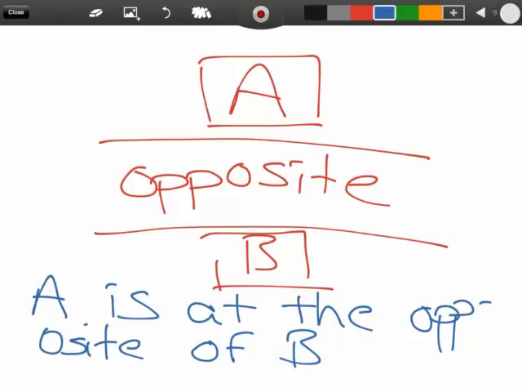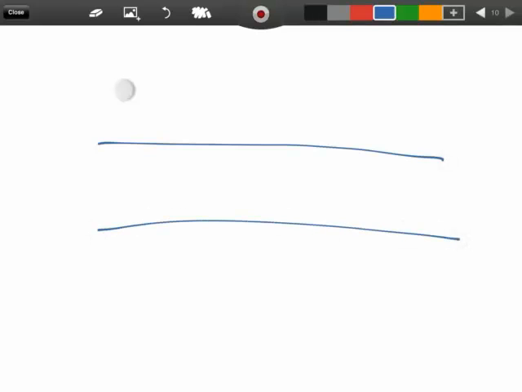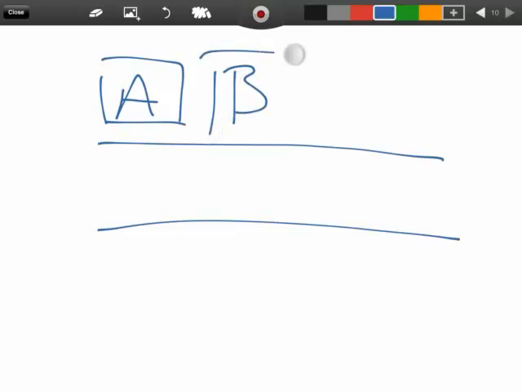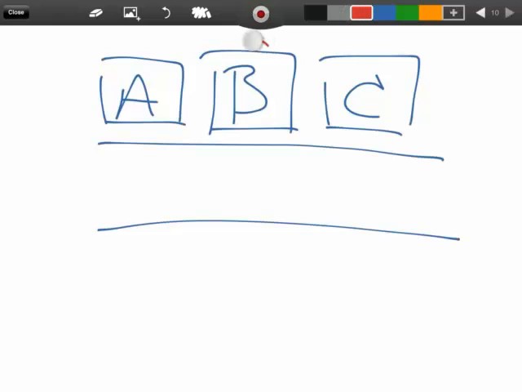Moving on to our next one is this. You have A, B, or C, and B here is between.